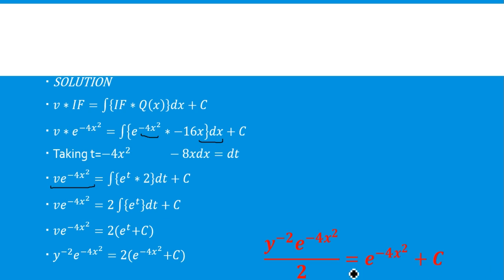Or you can even write it like this: y to the power minus 2 is equal to 2 plus c divided by e to the power minus 4x square. So this can be left as an equation, or you can simply write it this way.